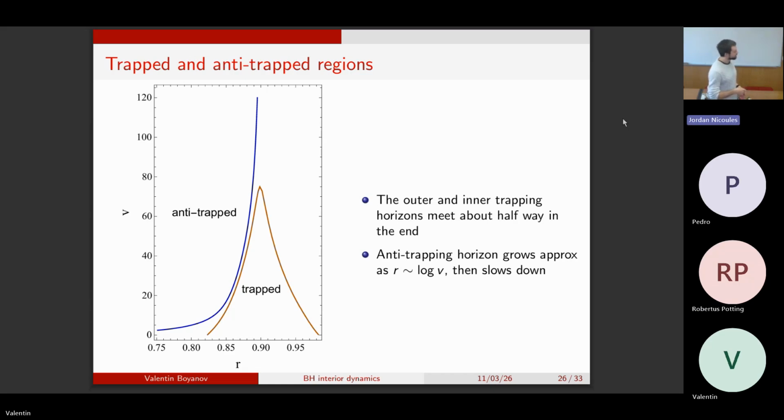But what I would say is that even though this seems to be the result for these equations, if you add any perturbation to this anti-trap region, I would expect some sort of instability. Say if you add a classical perturbation to it, I would expect that it turns again into a trap region.